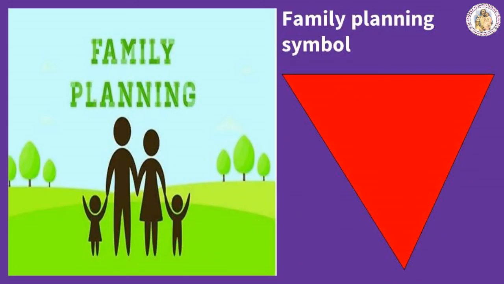Family planning is a way of living adopted voluntarily by couples on the basis of knowledge and responsible decision to promote the health and welfare of the family group. WHO, the World Health Organization, has also stressed the importance of family planning. The inverted red triangle on the right-hand side is the symbol of family planning.